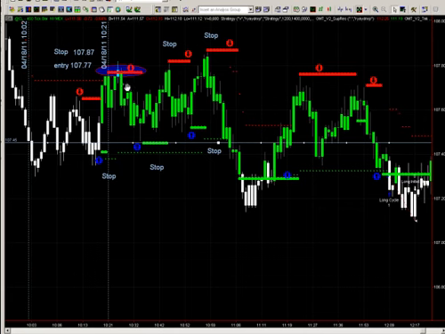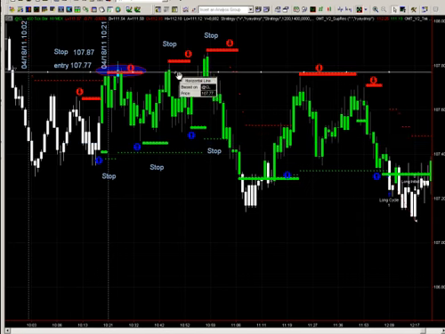So once price moves in our direction and we start to get the support level printing, our stop will come to break even, so we've got no risk on the trade, and our target would be the trailing stop, which would basically be this area here.